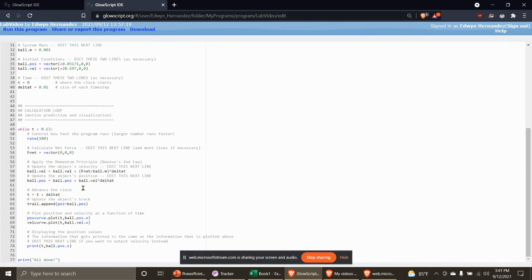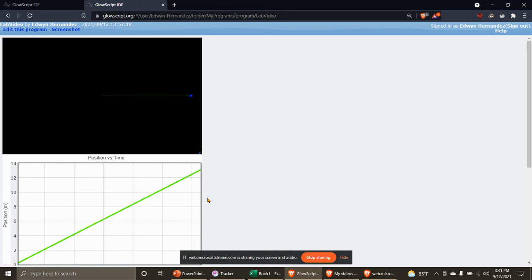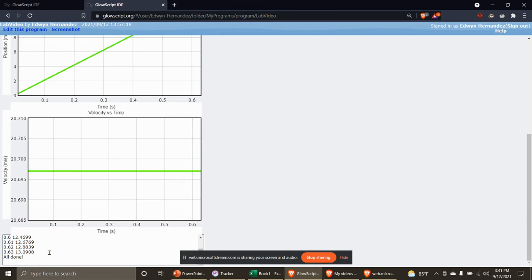In my GlowScript, it came out as 20.697, and if I run this, it gets pretty close, with a slight discrepancy of about 0.02 centimeters, compared to the about 2 centimeters of difference between the first model and the tracker model.